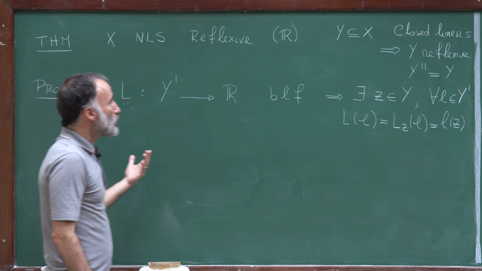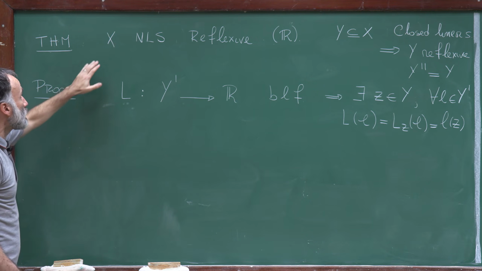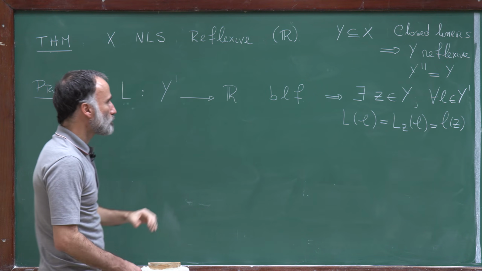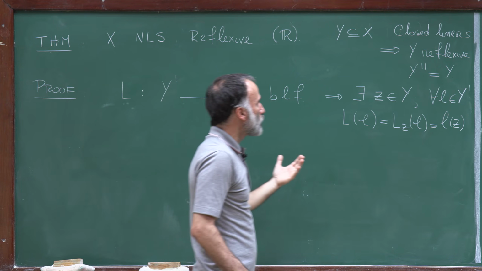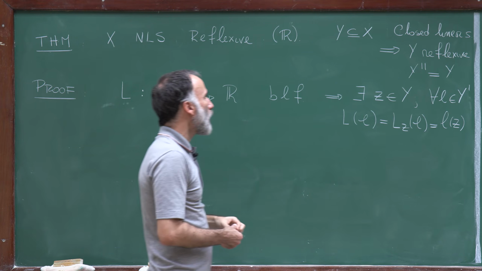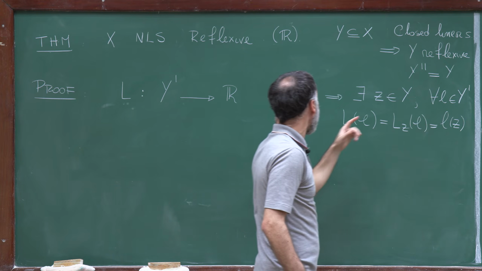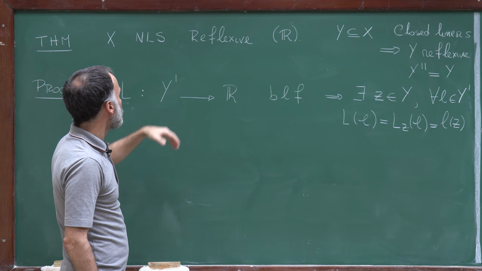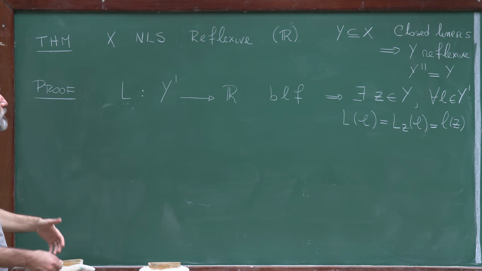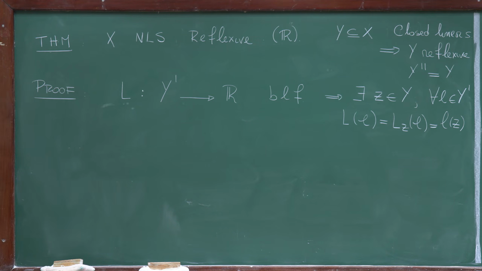And what we know is something about X, because we know that X is reflexive. So what we will need to do is, starting from these functionals which are defined on Y prime, get a functional defined on X prime, and then use the fact that X is reflexive.